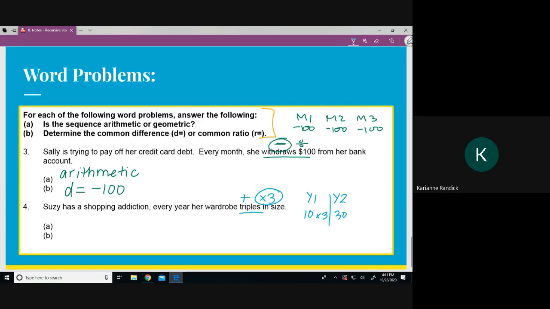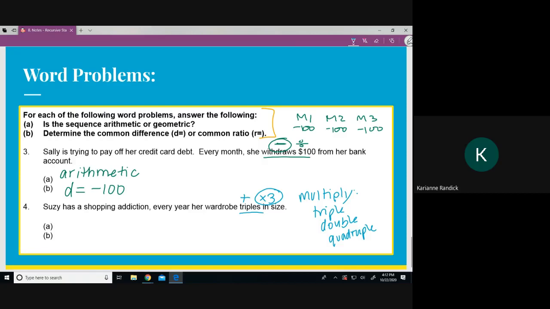So anytime I have words like triple, double, maybe have a side note. When I deal with multiplication, I look for keywords. Multiplication has keywords: triple, double, quadruple, etc. If you're looking at whether it's multiplying or adding, we said triple means times 3.